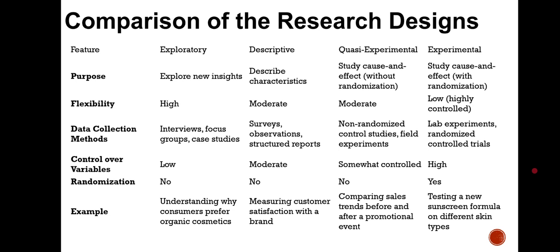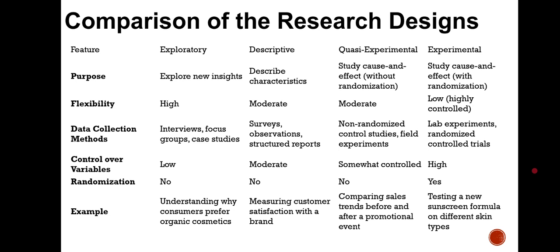In case of exploratory research design, randomization is no, and in case of descriptive, randomization is also no, and in case of quasi experimental, randomization is also no. But in case of experimental, randomization is yes.